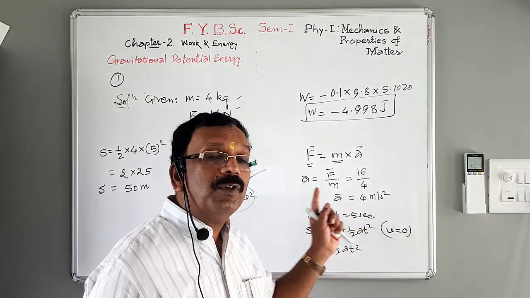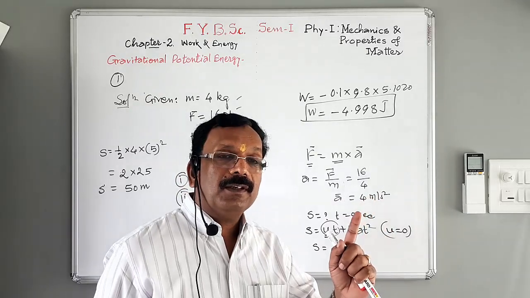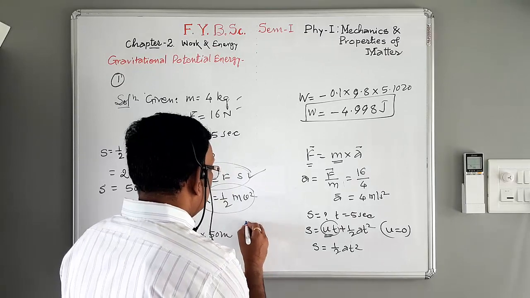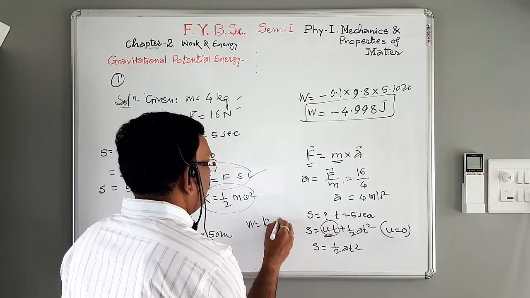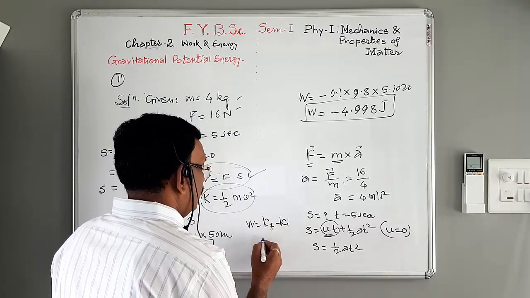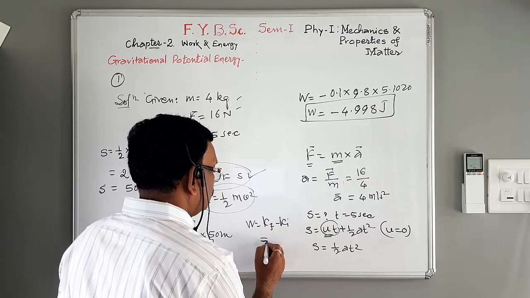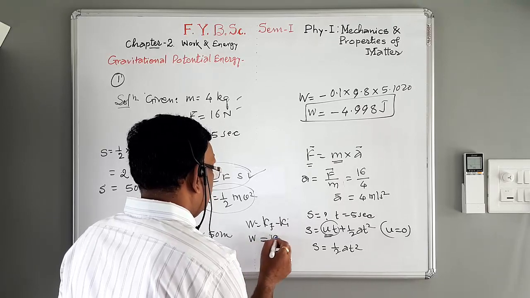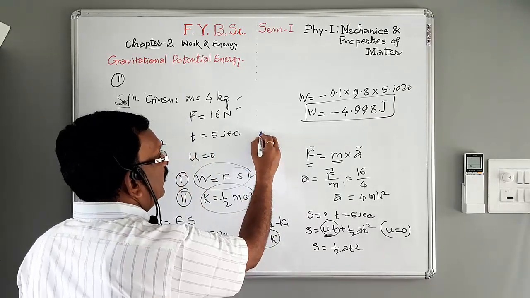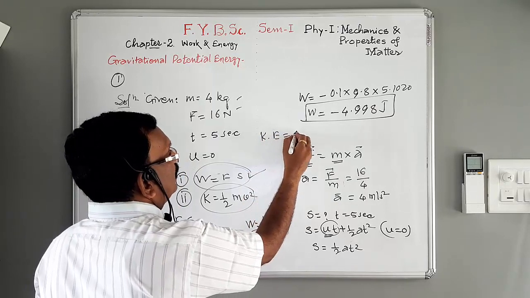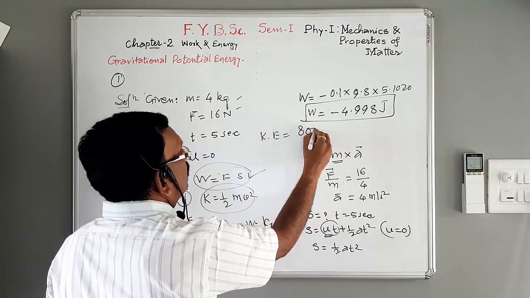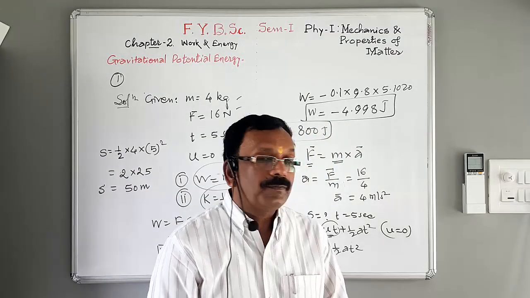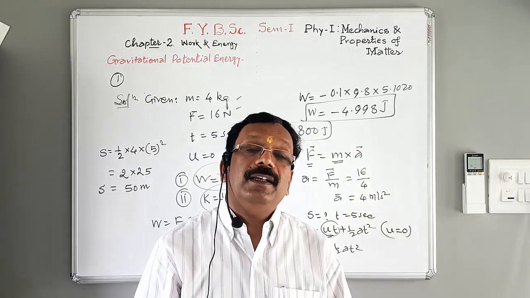When the body moves from one place to another, according to the work energy theorem, W is equal to Kf minus Ki. This is the change in kinetic energy, and work done is equal to the kinetic energy. Hence, the kinetic energy of the body will also be equal to 800 joule.